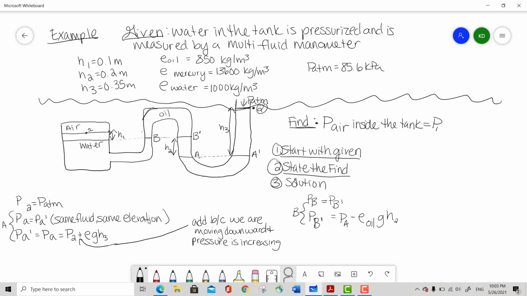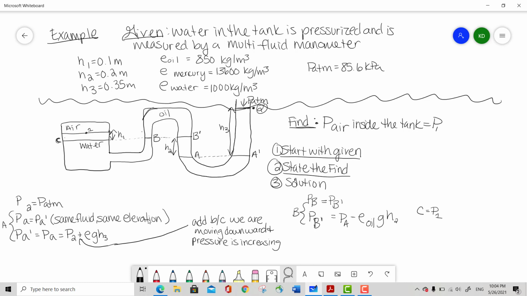Okay, and then we are going to look at point C, which is right here, which is equal to P1 right here. And you're going down.